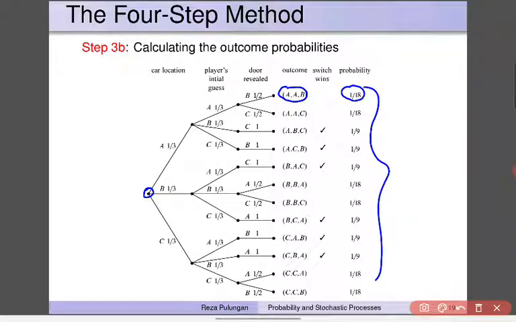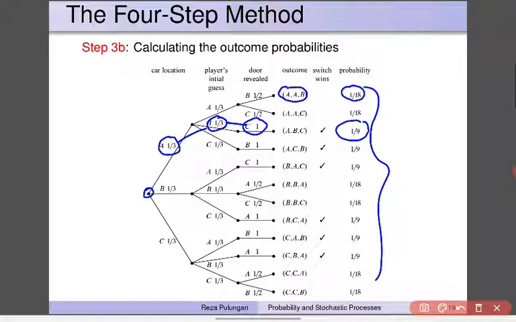Let me give you another example. For example, this one. The probability of outcome A, B, C. The probability of the outcome A, B, C is equal to 1/3 multiplied by 1/3 multiplied by 1, which is equal to 1/9. Okay.